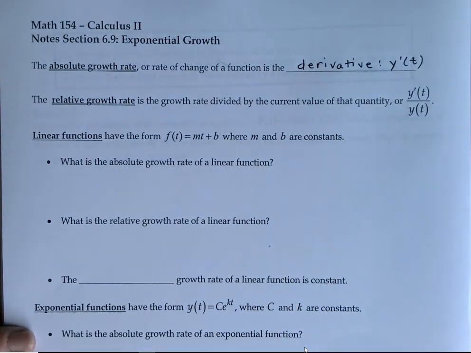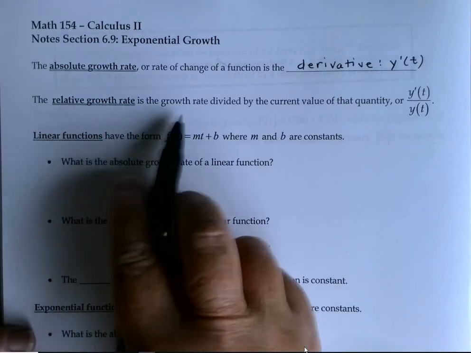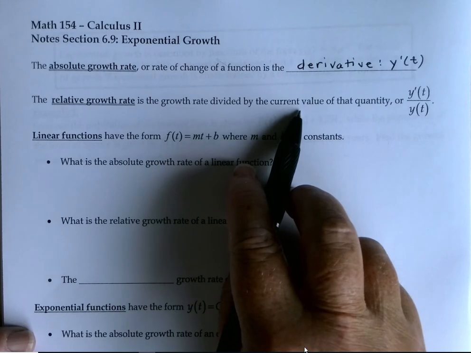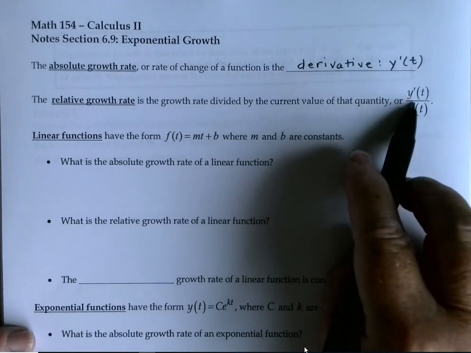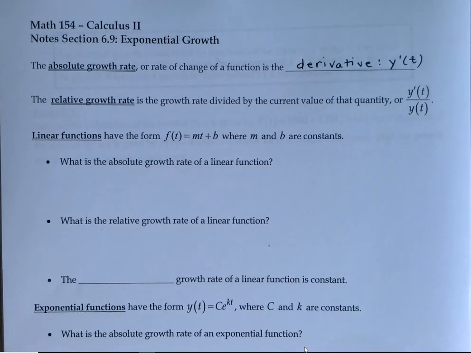We'll assume it's a function of t, so we'll call it y prime of t. The relative growth rate is that absolute growth rate divided by the current value of our quantity, so y prime divided by y itself.